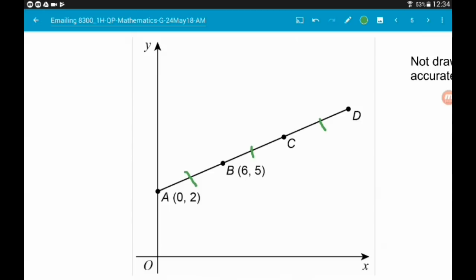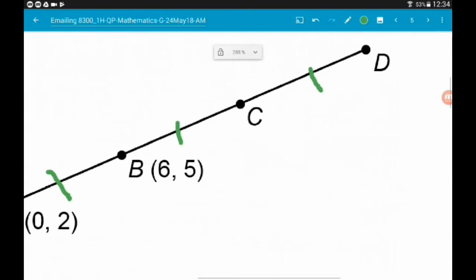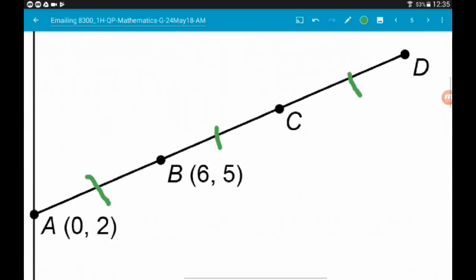So, in other words, we know to get from B to C, we go exactly the same distance and route, if you like, that we go from A to B.